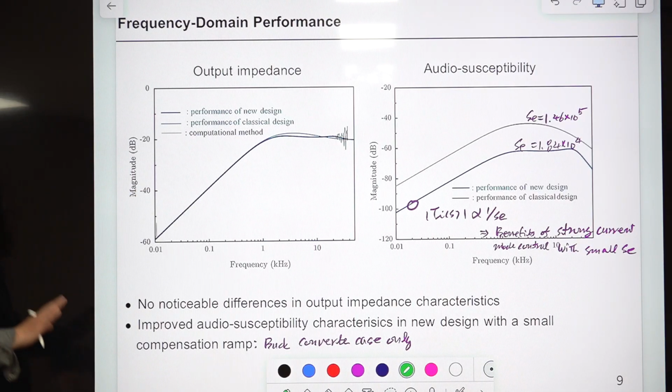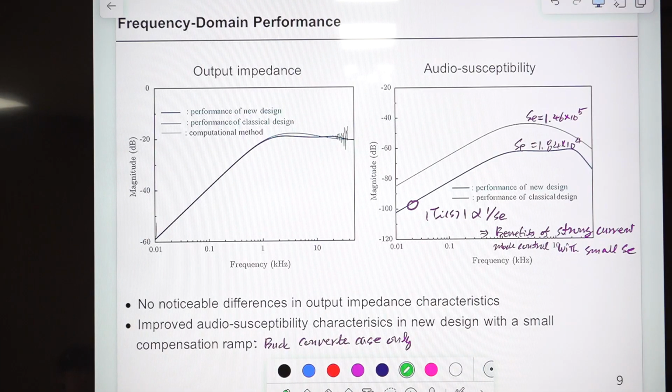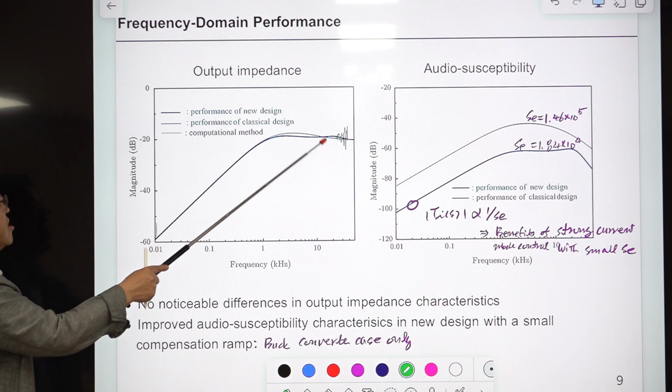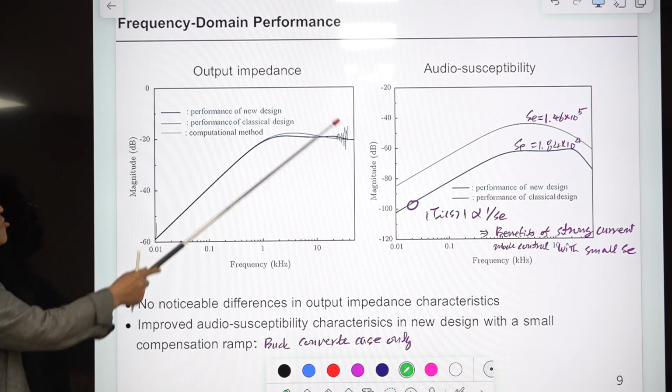So there is no impact in the output impedance. That should be true because at high frequency this is just the open loop power stage transfer function, and the loop gain magnitude becomes very small, then disappears. So the ESR is dominating here. They should be the same.